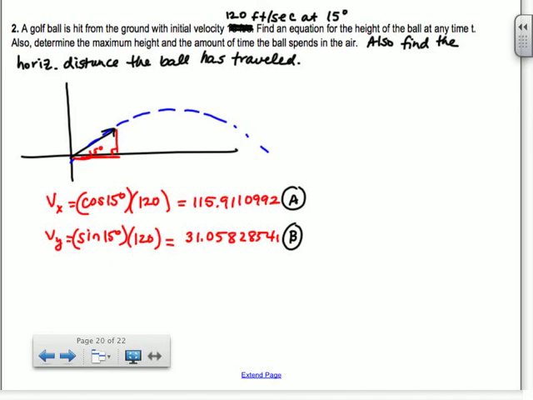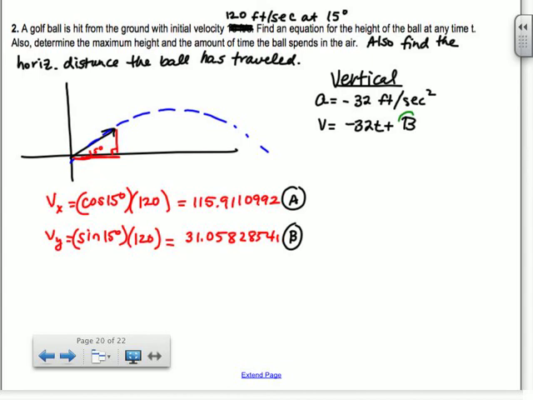Okay, so when we talk about the vertical components, you know your acceleration is negative. Are we in feet per second? So negative 32 feet per second squared. Your velocity is going to be negative 32t plus the initial velocity, what did we say it was, b.